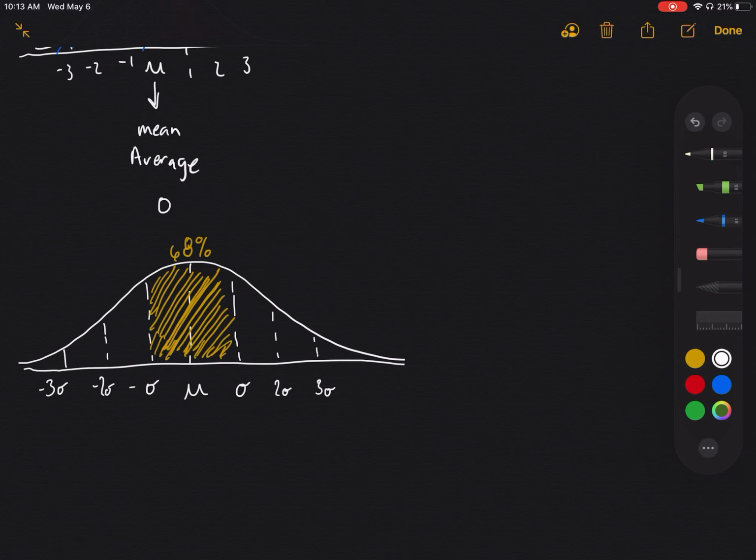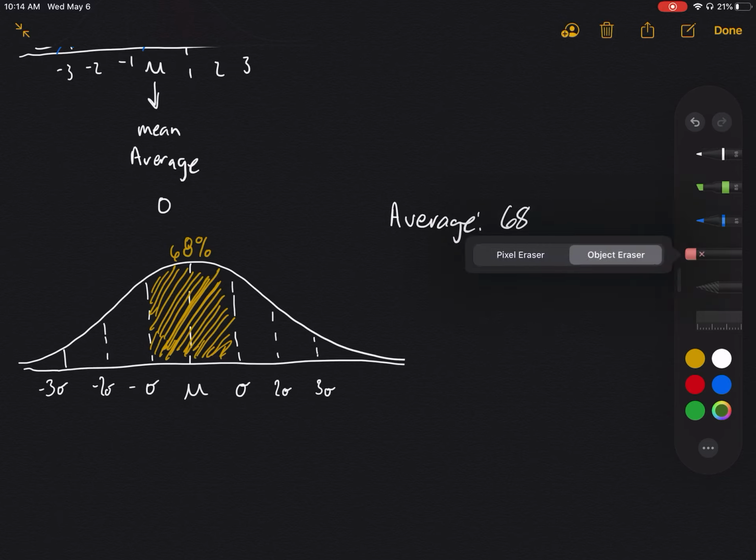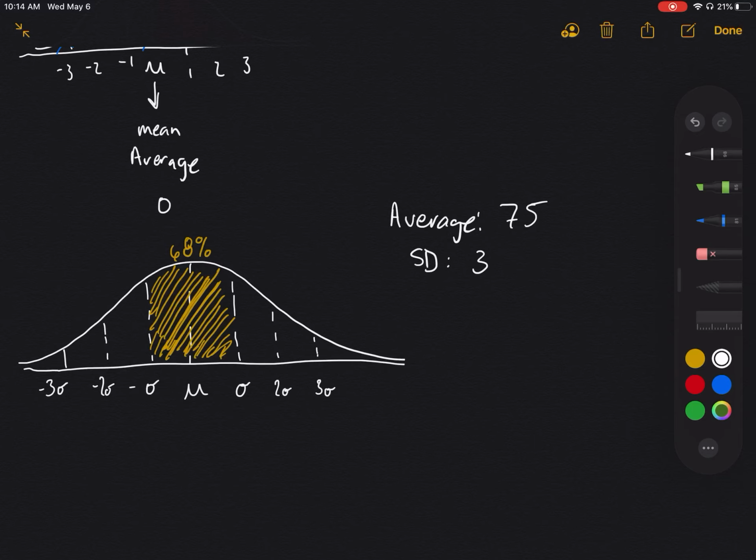So essentially what that means is if our average test score was, actually we'll change that just so this isn't more confusing than it needs to be. Let's say that the average score was a 75. Nice solid C. And the standard deviation is 3 points.